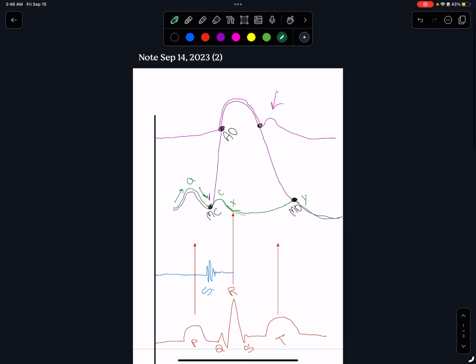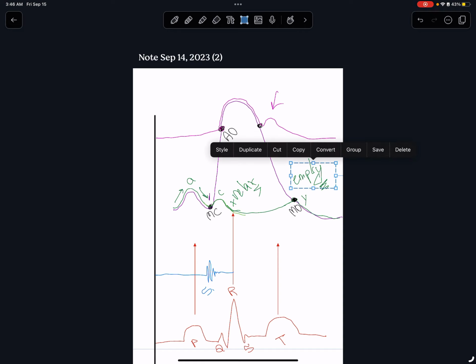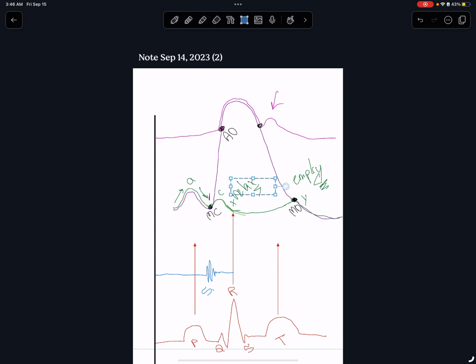That's the Y wave, which is the atrial emptying. Okay, so what else do we have? Okay, now we finished the atrial curve, the left ventricular curve, the aortic curve.